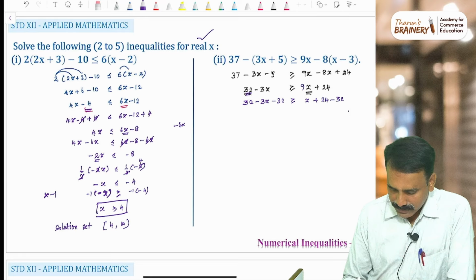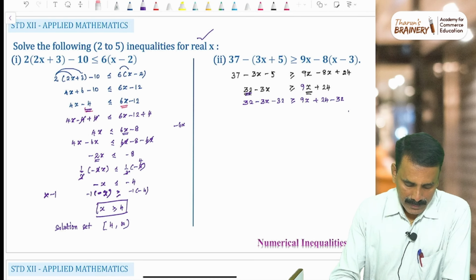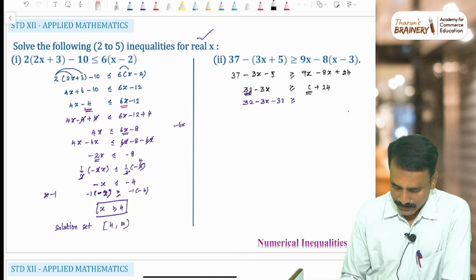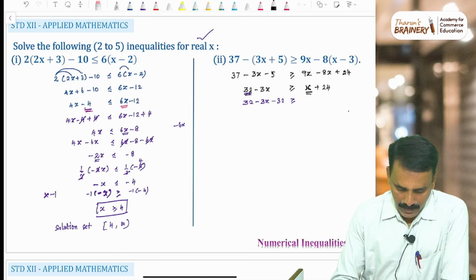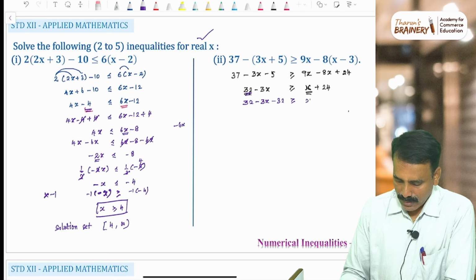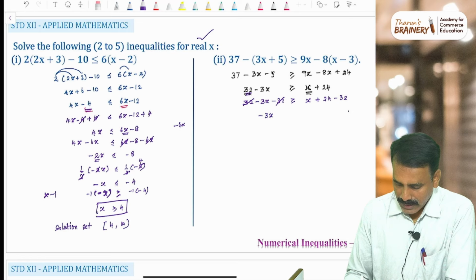This is 9x, sorry. 32 greater than or equal to x plus 24 minus 32. So 32 cancelled here. So this is minus 3x greater than or equal to x plus 24 minus 32.